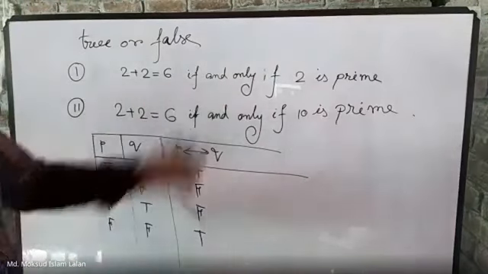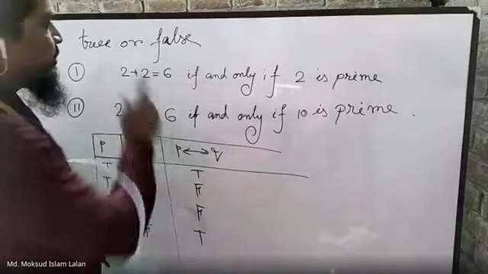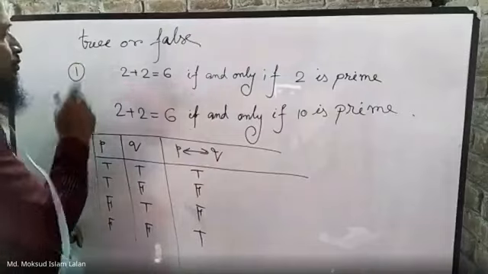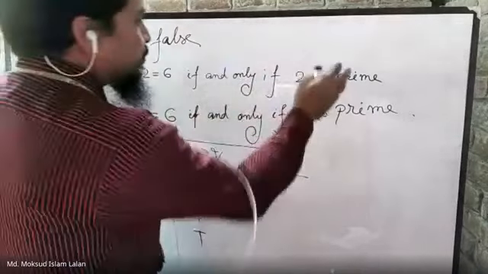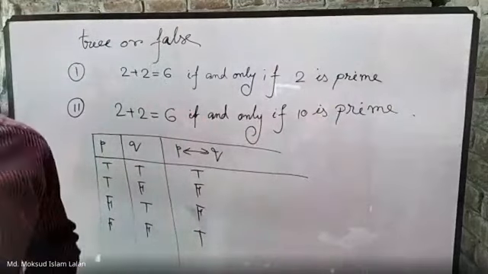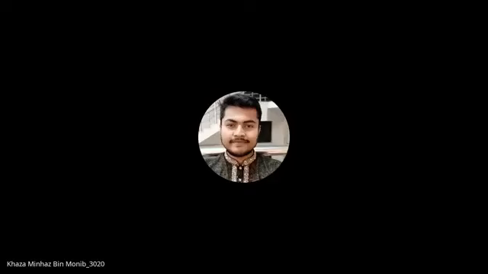Now, our question is you have to say which one of these two propositions, statements number 1 and 2, is true, which one is false, and why. First one is true and second one is false.